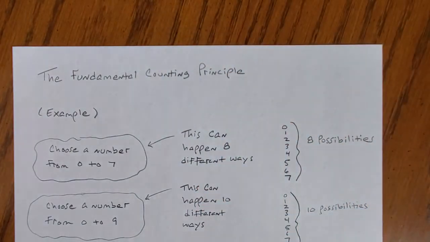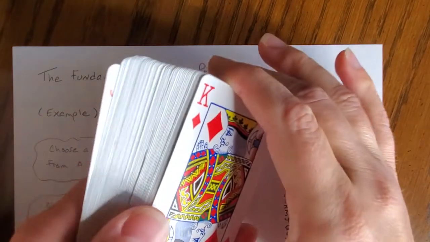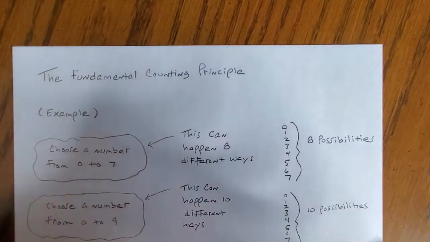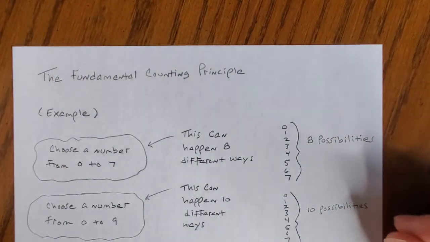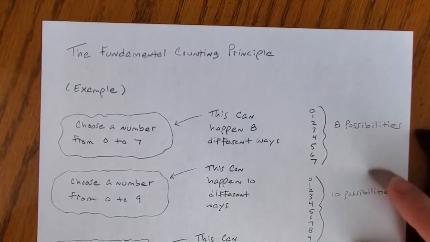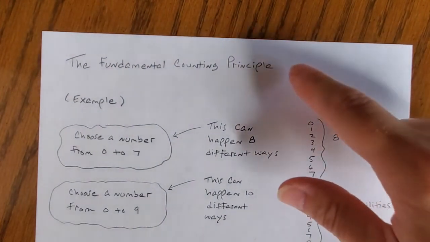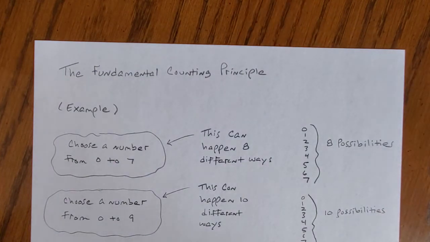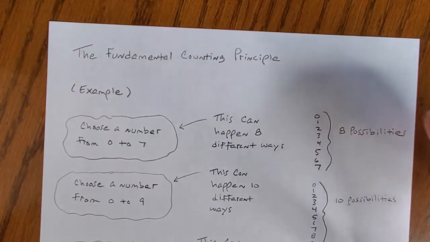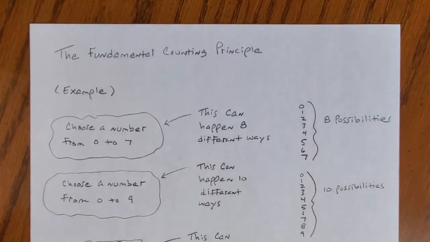And even with a deck of cards, there's 52 cards in the deck, but I can look at that picture I showed you on Wikipedia and see all of them. It's not that hard to see all the possibilities. So the counting principle is for counting events where there's just too many. I'll show you an example. It probably won't do much good to explain it. You need to see it by example.